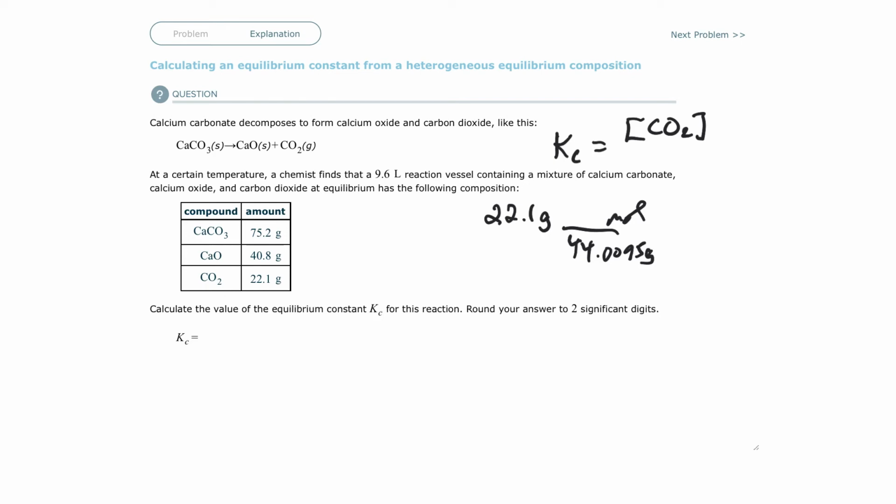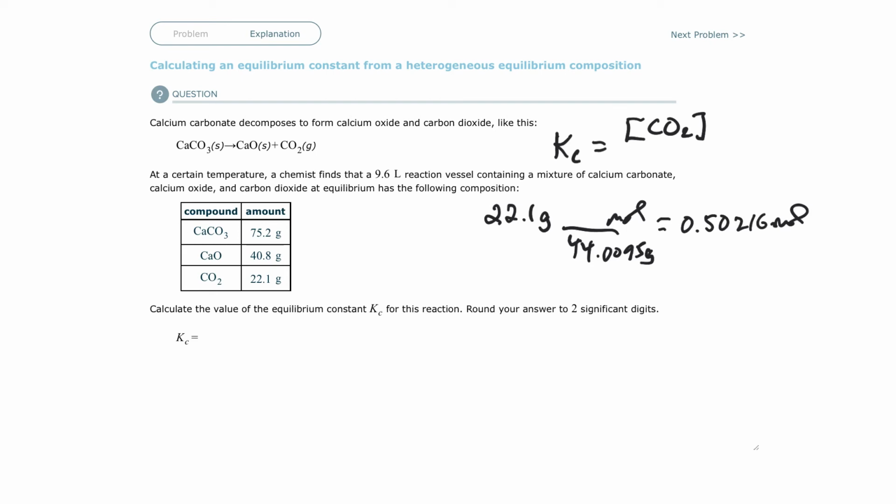Divide that out. I'm going to get 0.50216... that should be enough. Remember, you're going to do this to 2 significant digits, so as long as I've got several after, I don't have to write down everything in the calculator. So I've got 0.50216 as moles. So that's moles of carbon dioxide.